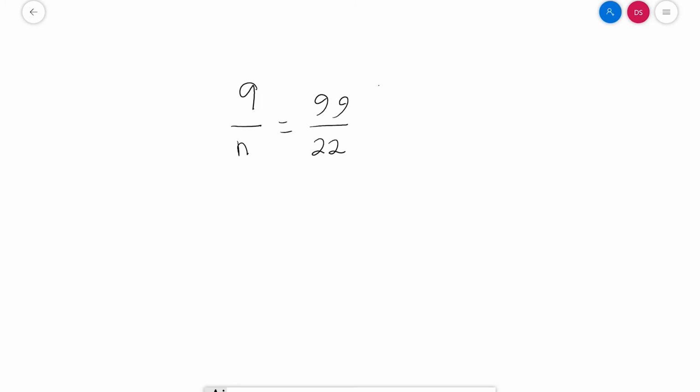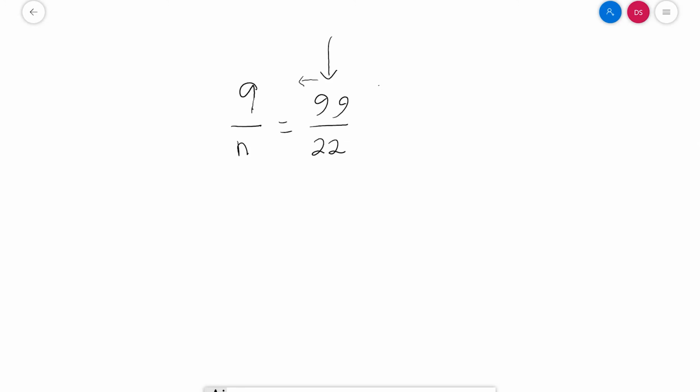In this one, I can see that I can easily go from 9 to 99 by multiplying by 11. But can I multiply n to 11? No, that's not going to help me any. So backing up, that's not going to give me an answer. What else can I do? I'm going to look at it sort of in reverse. Because my complete fraction without a variable is on the right, I'm going to see how I would go from right to left, okay?